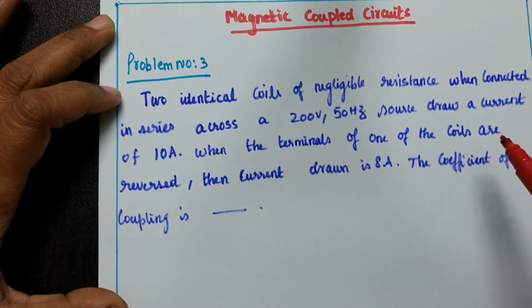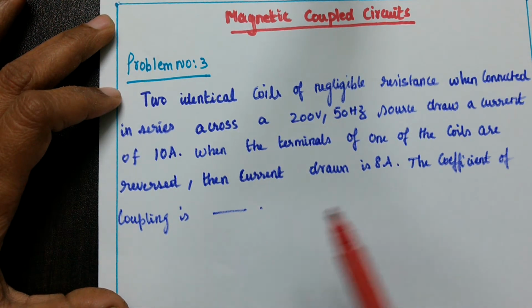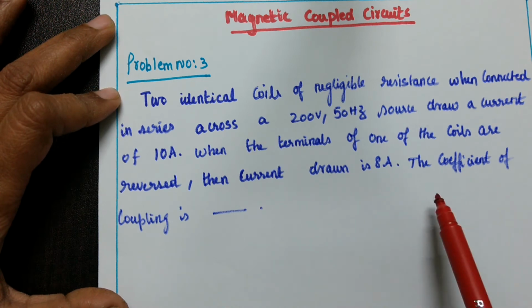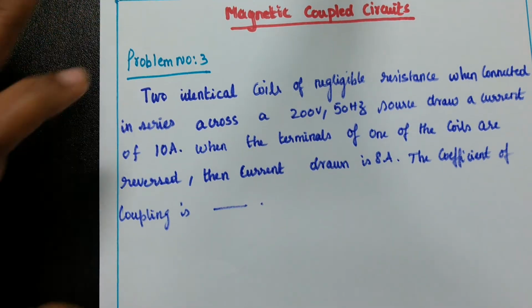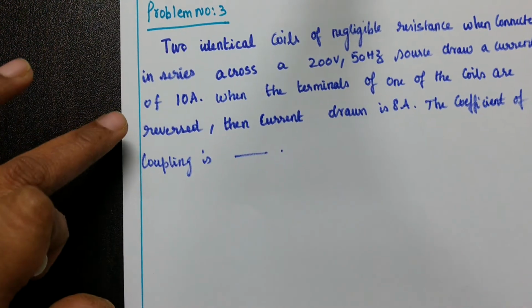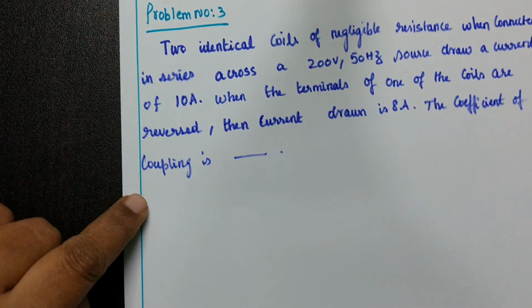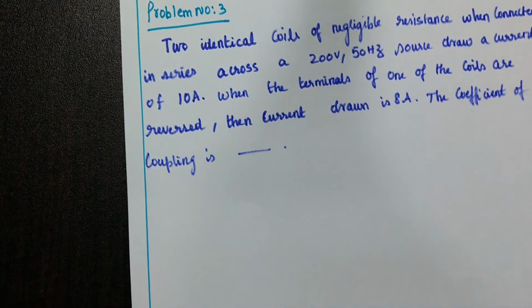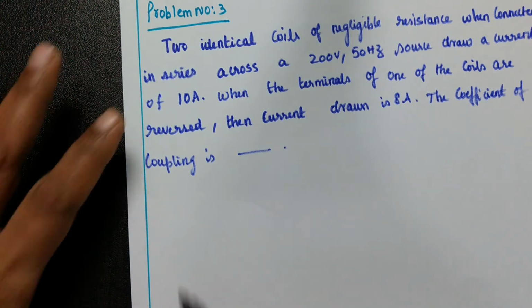When the terminals of one of the coils are reversed, the current drawn is 8 amps. The coefficient of coupling is? Here they have given the current values, and they asked for the coefficient of coupling. So we know the current equation.